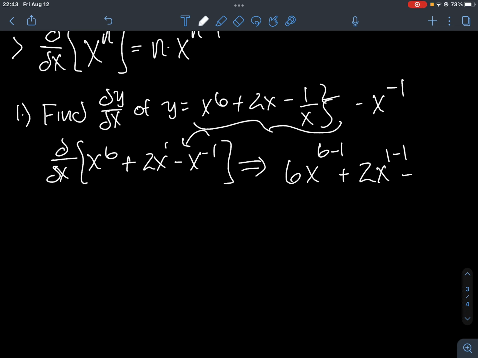So a negative times a negative makes a positive x. Now we have negative 1 minus 1. Okay, so now let's simplify that.